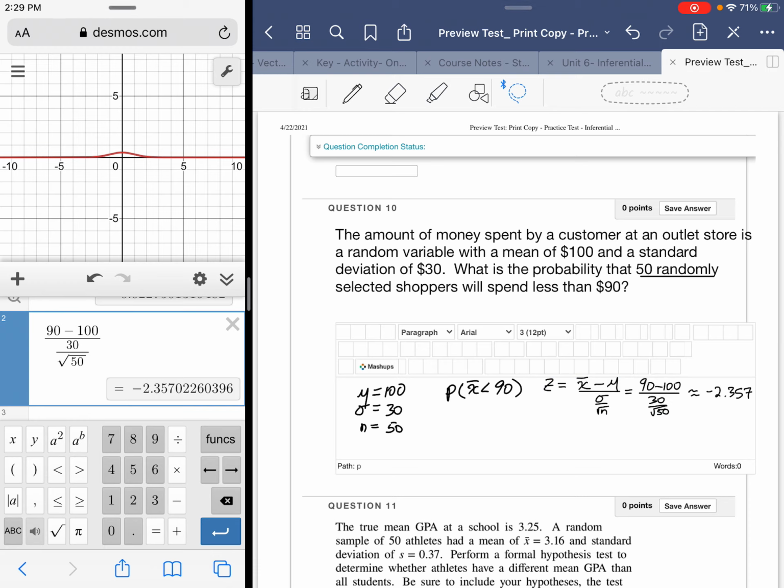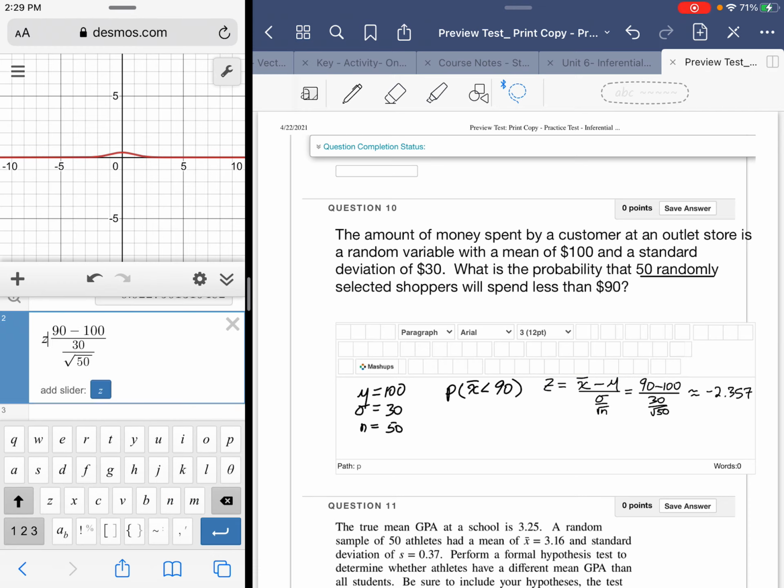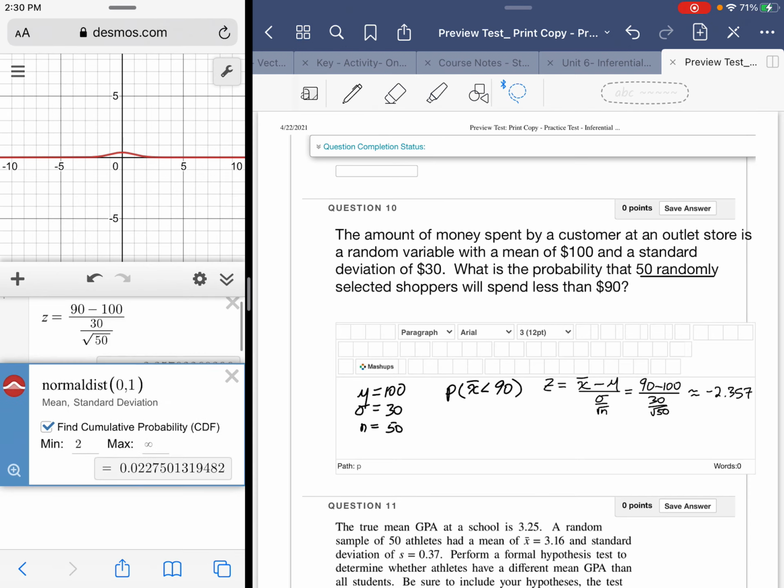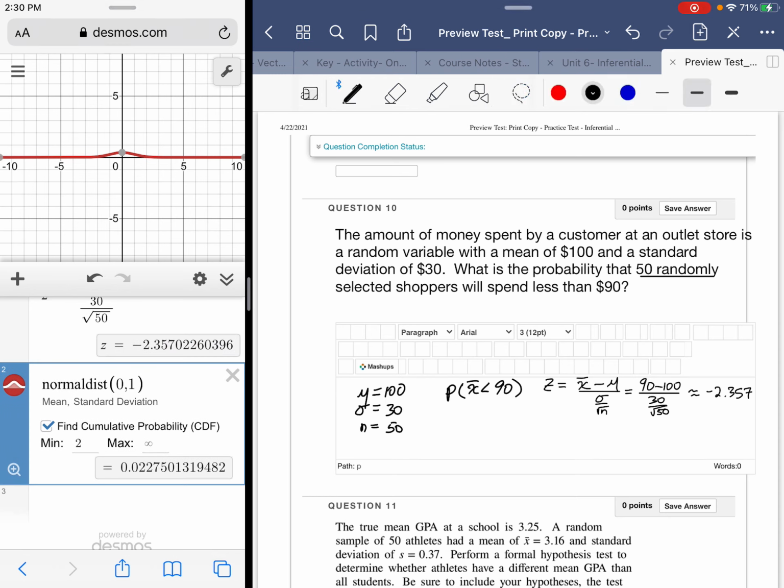What I would do is store this in as z, so I would save it as z equals, rather than just the computation. And if I'm looking for spend less than 90, so z would be less than negative 2.357.